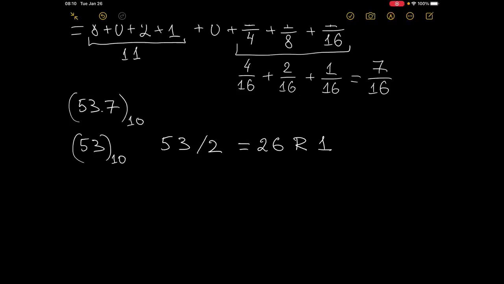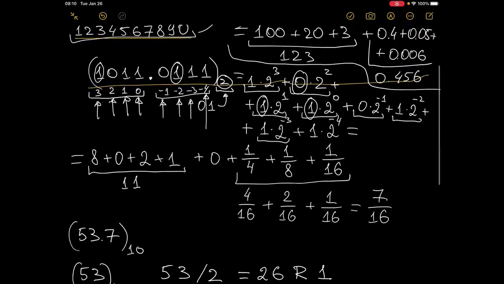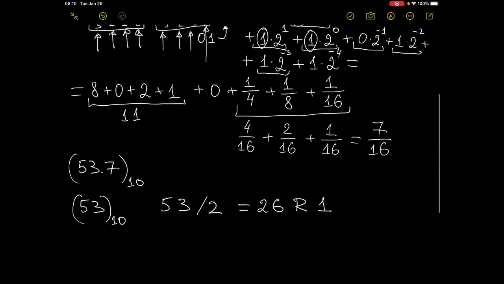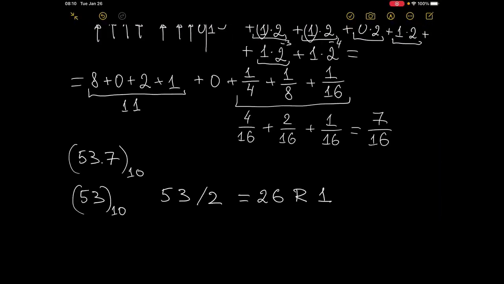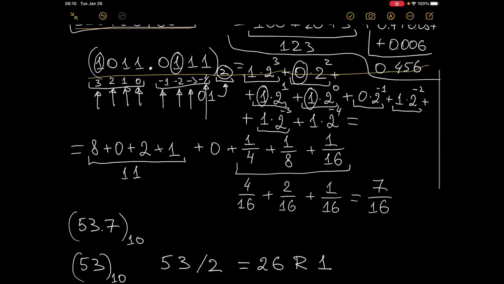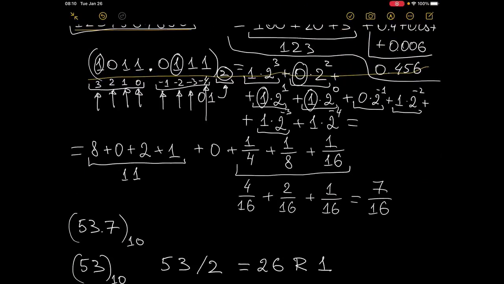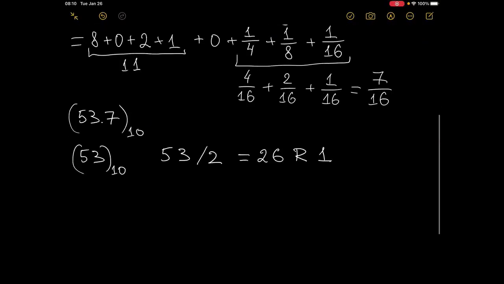So what it means, when we divide by 2, we essentially remove the last digit in the binary representation. So let us do it like that. It has something there, and then it has 1, for example, right? And here, so it's the integer part.